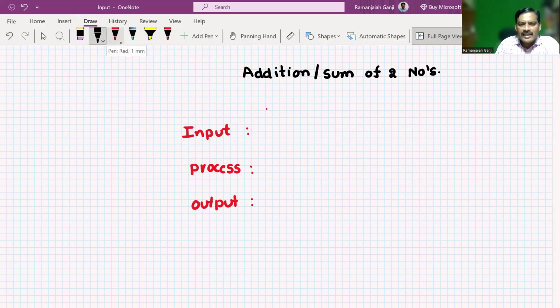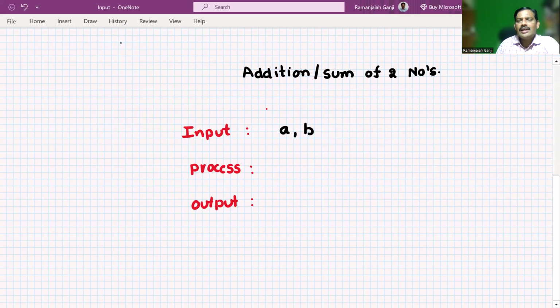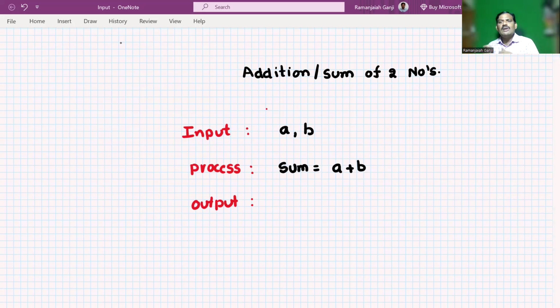Here, input is two numbers, A and B. Or you may take X and Y, L and M, that is totally your wish. Second one is, what is the process? We need to calculate the sum value. Sum is equal to A plus B. A and B are added and that will be stored in sum. What is the output? Output is sum.